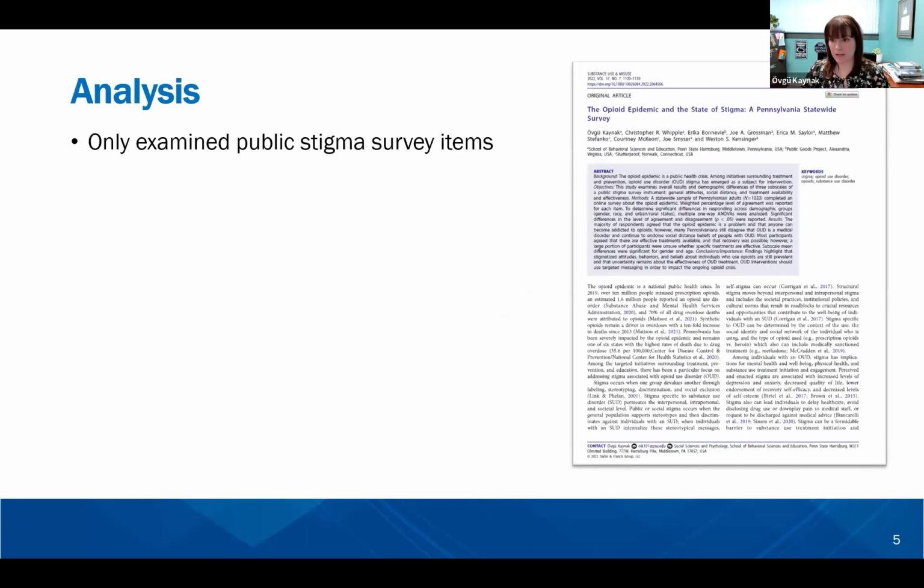Now, for this analysis of the baseline survey, we only examined the public stigma survey items, and part of that was just because of space. A lot of journals have word limits, and if we tried to present everything in one paper, it would have been too many words, essentially.